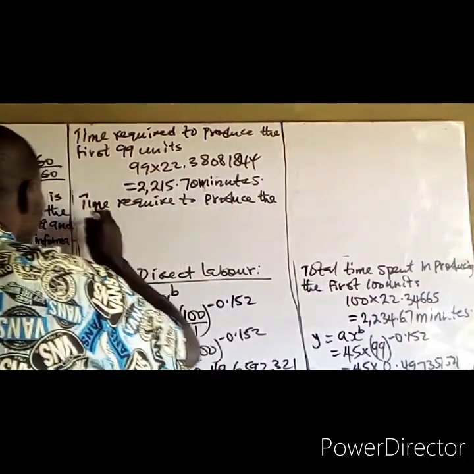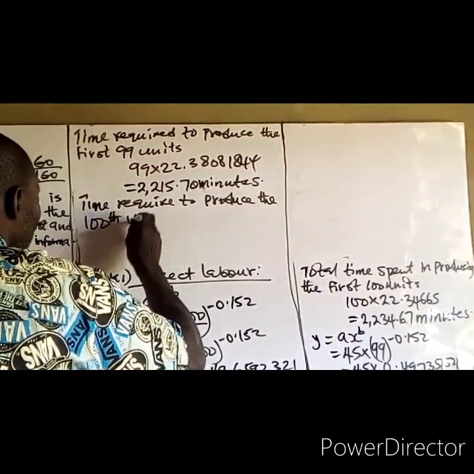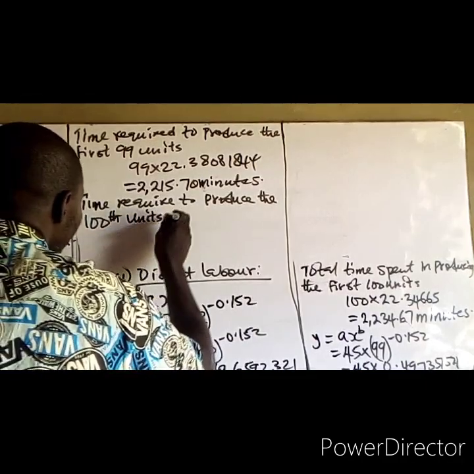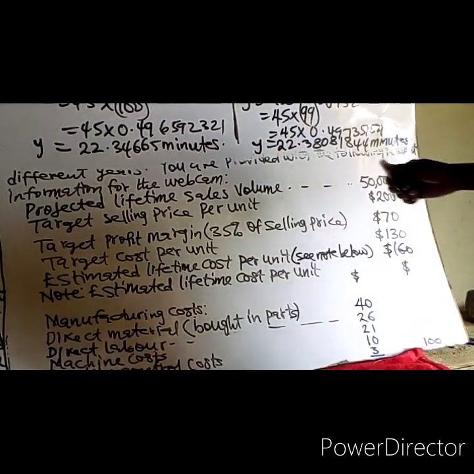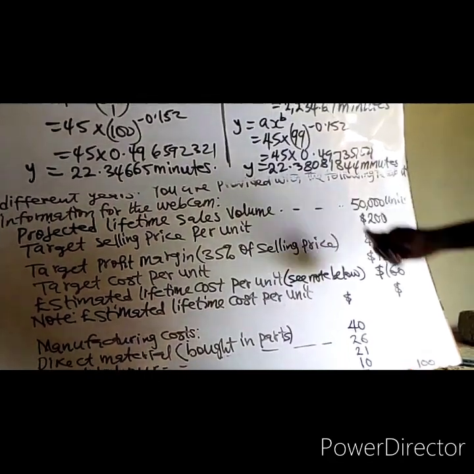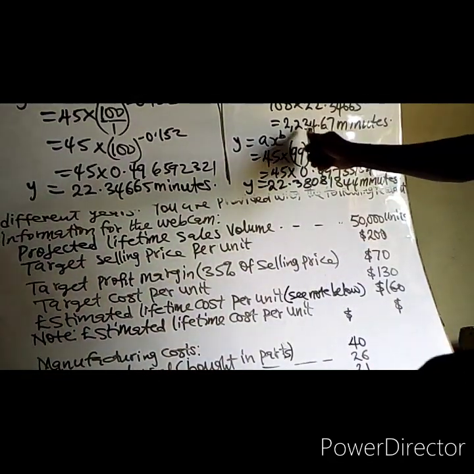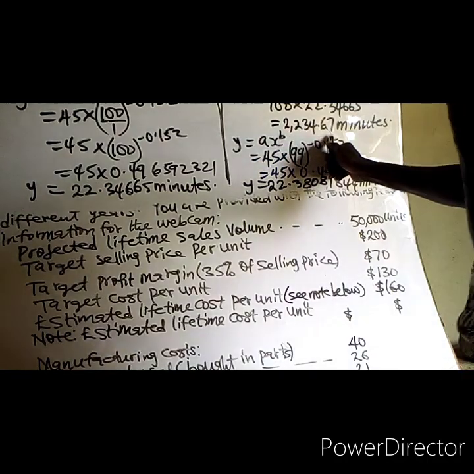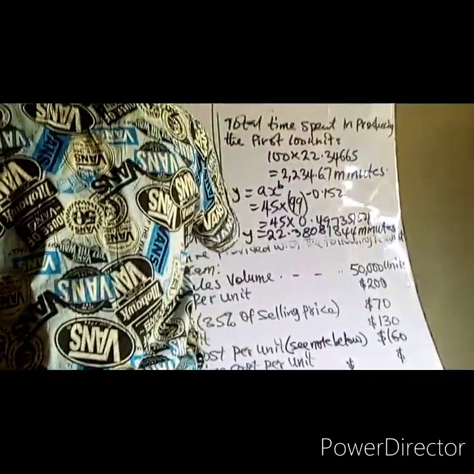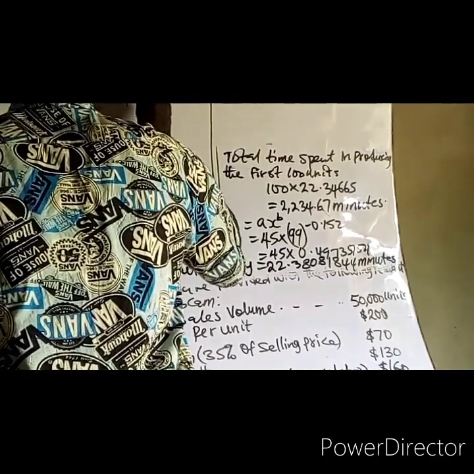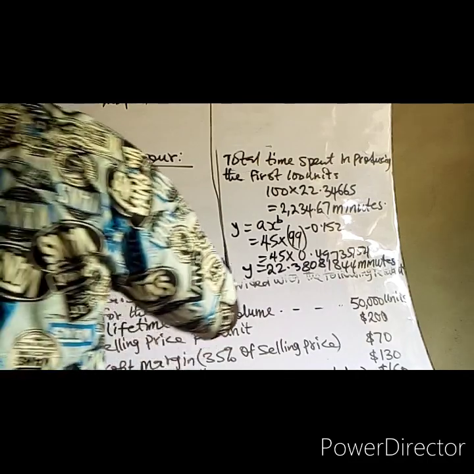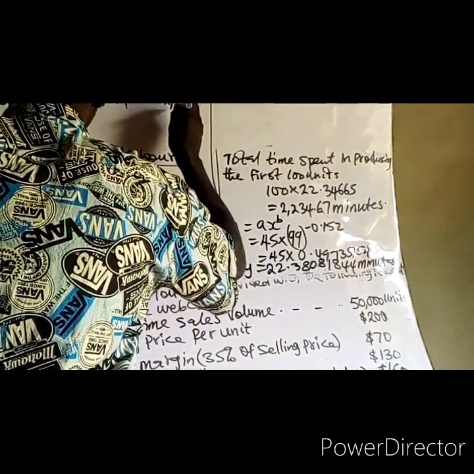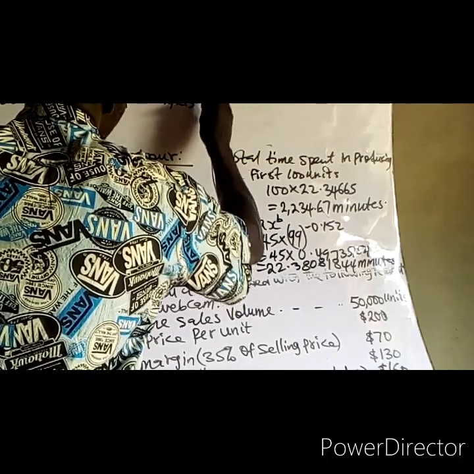It will be the time required to produce the total 100 units, which is 2,234.67 minutes, minus the time required to produce the 99th unit, which is 2,215.70 minutes.